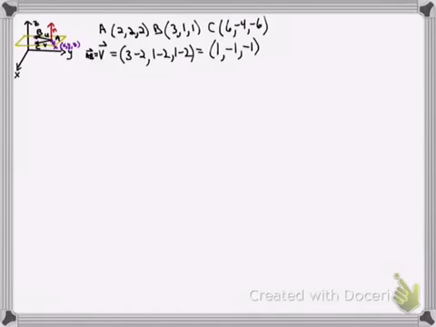And then we have to find AC, so that's going to be our W vector. And then our W vector will be 6 minus 2, negative 4 minus 2, and then finally negative 6 minus 2.